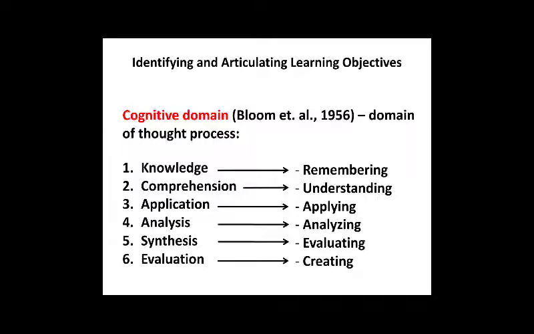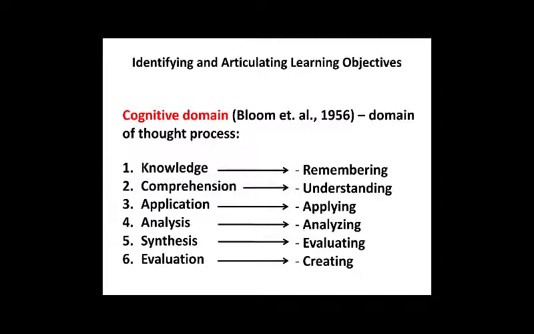So let us proceed. The whole point here is that the taxonomy, the classification of objectives in the cognitive domain, was revised. Knowledge became remembering, so the emphasis shifted from product to process.